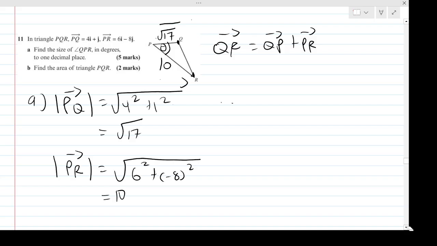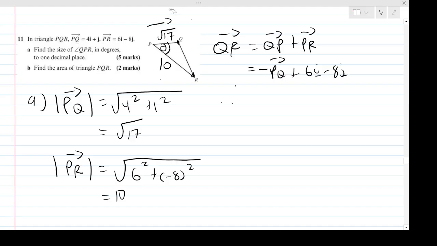Well, QP, well, P to Q is 4i and j, but I want Q to P, so it's going to be the negative. I want to go the other way, so it's going to be the negative of PQ, add P to R, which I'm given. P to R is 6i minus 8j.